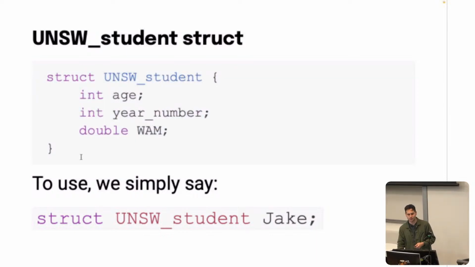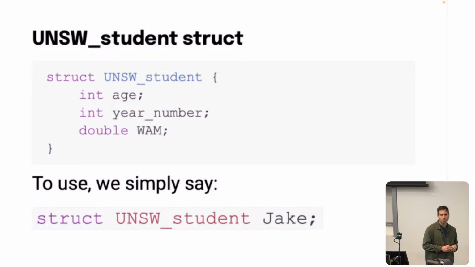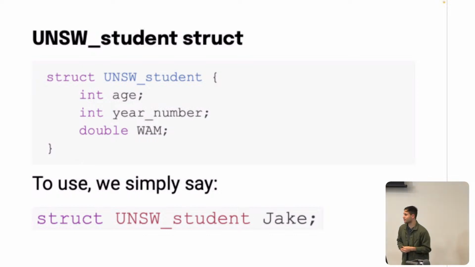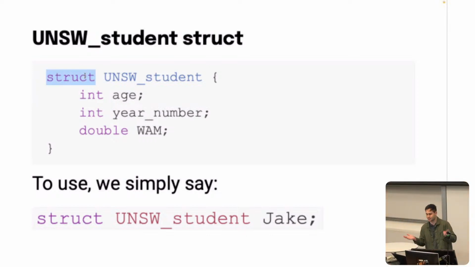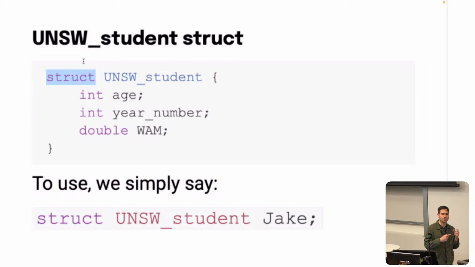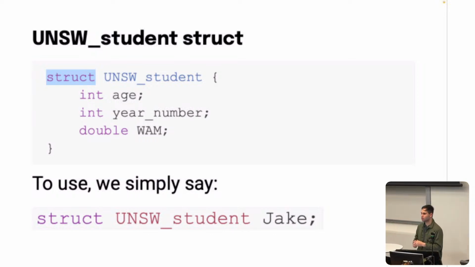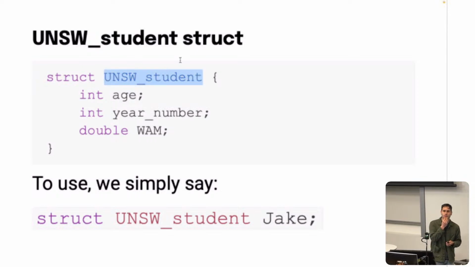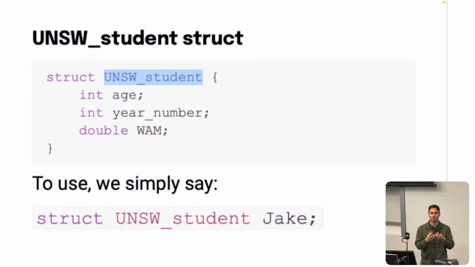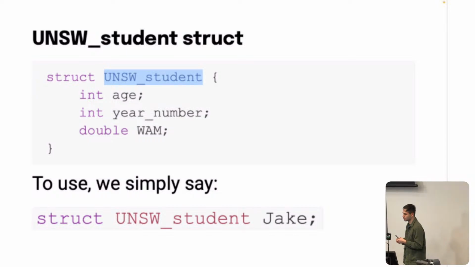This is the syntax for creating this UNSW student struct. So we use the keyword struct first, which says, hey, Mr. C compiler or Mrs. C compiler, I want to define a new struct. What's the name of the struct? I want it to be called, in this case, UNSW student. So I'm creating a new type of thing that's going to represent a UNSW student.